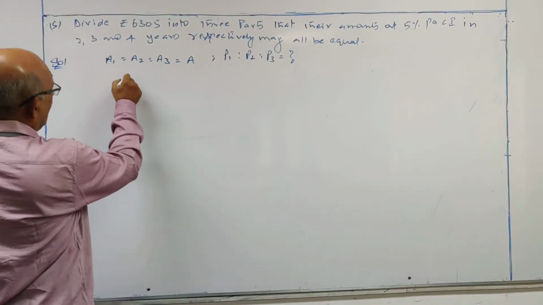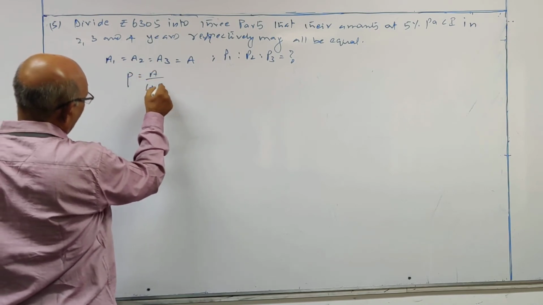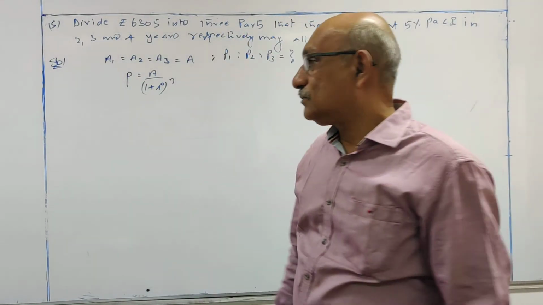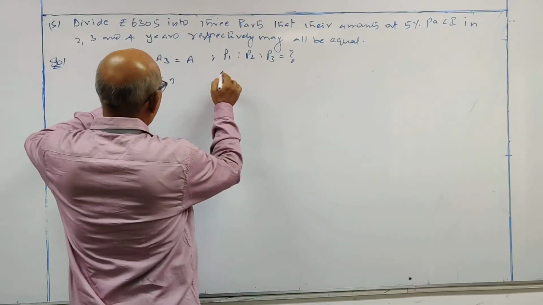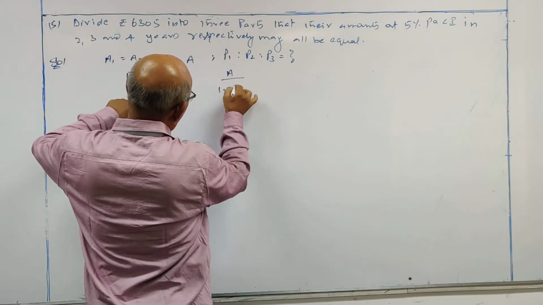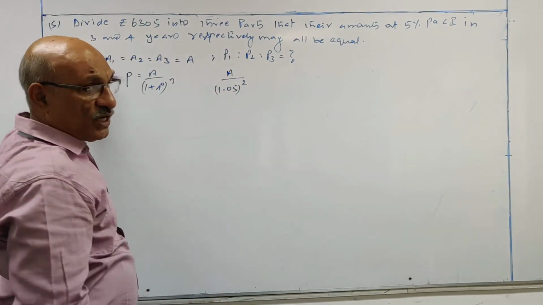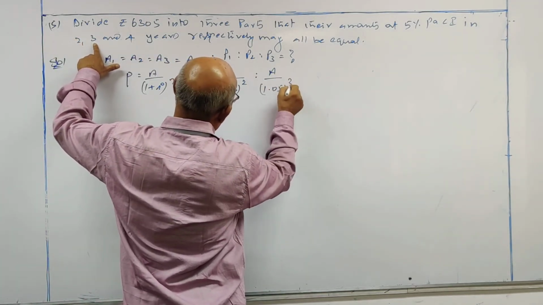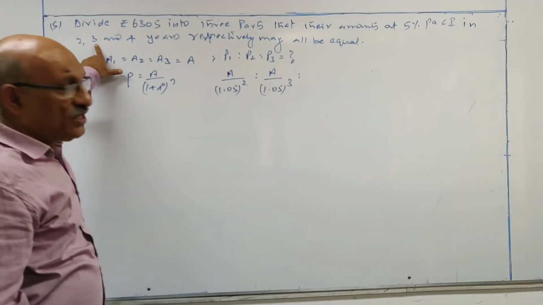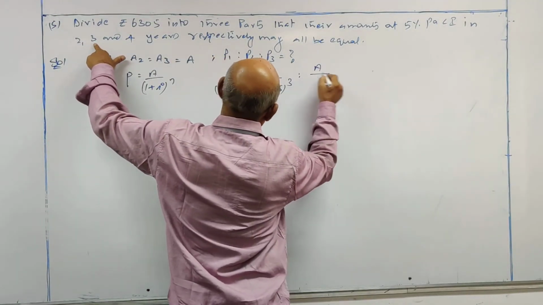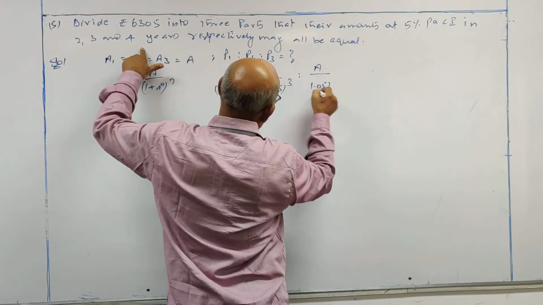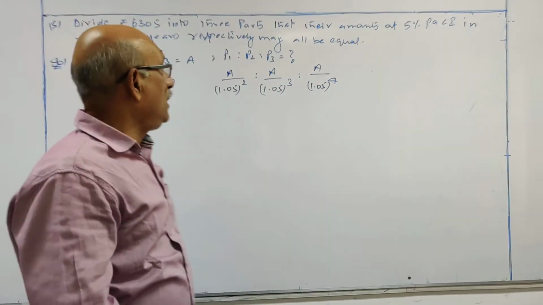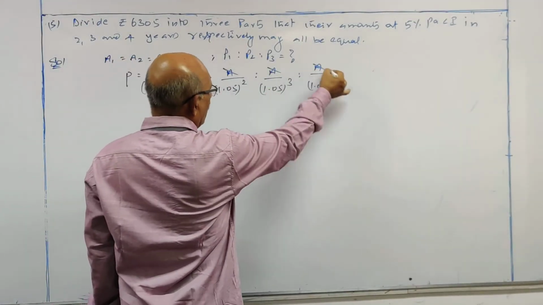Okay, sir. Principal is equal to amount divided by (1 plus I) whole power n. So A divided by 1.05 whole square after 2 years, amount divided by 1.05 whole cube after 3 years, and divided by 1.05 whole power 4 after 4 years. Amounts are equal, so A is a constant, you can cancel.